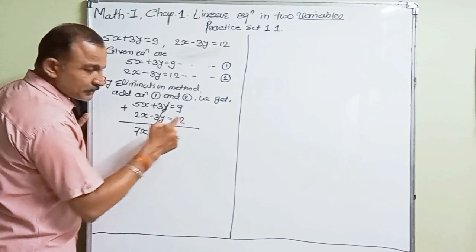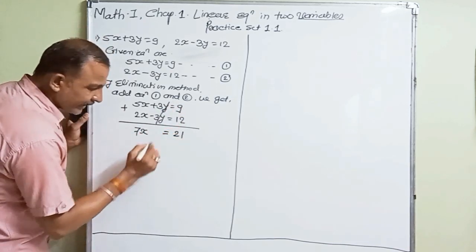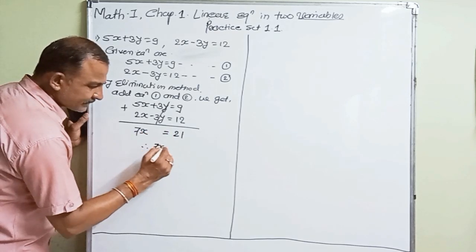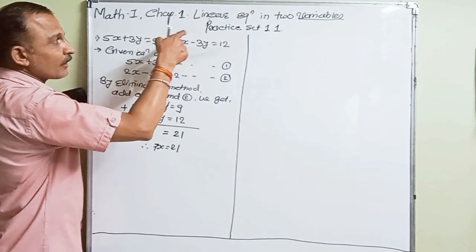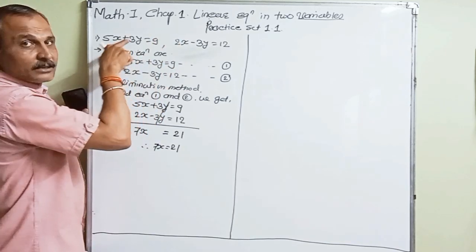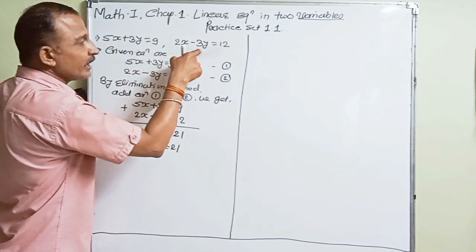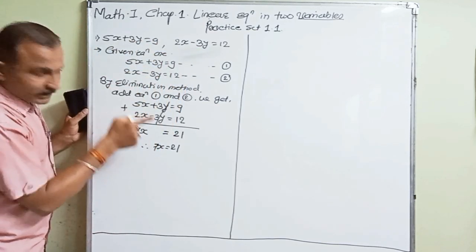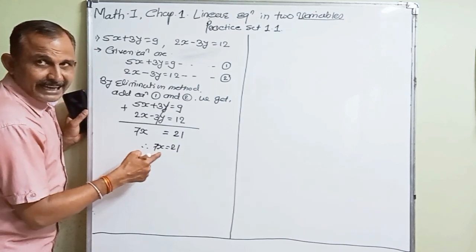And 9 plus 12 is 21. So we get 7x is equals to 21. This is the linear equation in one variable. Okay, now we have converted the linear equation in 2 variables into a linear equation in one variable. It is a linear equation in one variable, that is x.